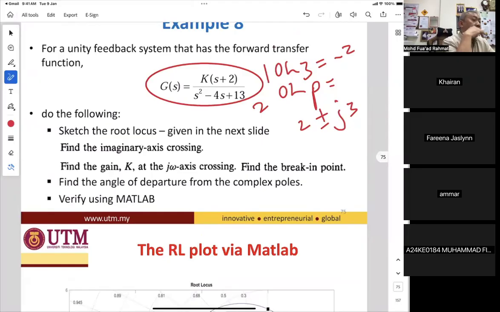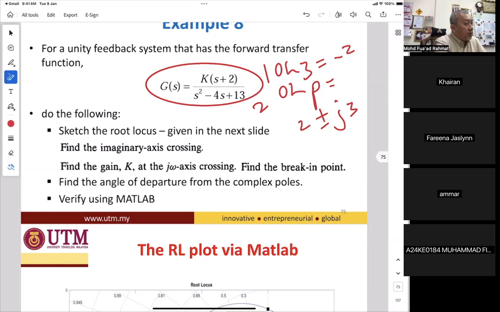This is very important, to recognize the number of open loop zeros and open loop poles, and the values as well, by looking at G(s). So you must have the ability to recognize this information, as I wrote in the red text.